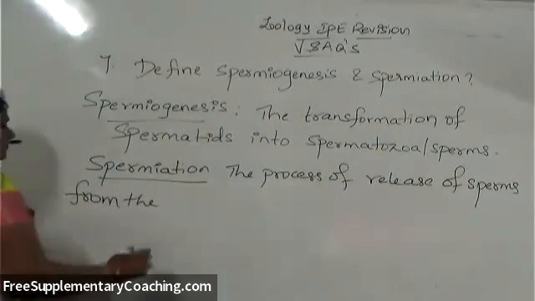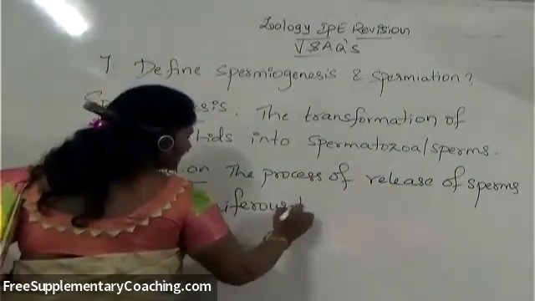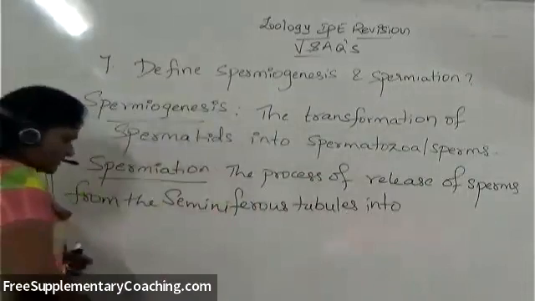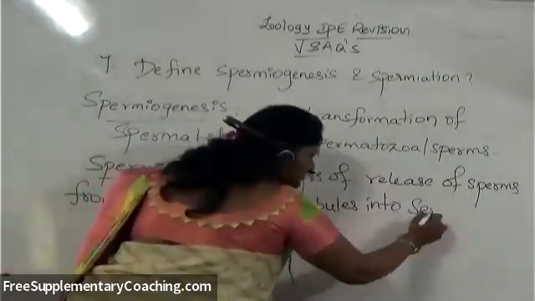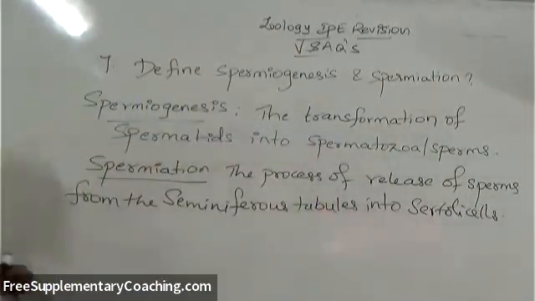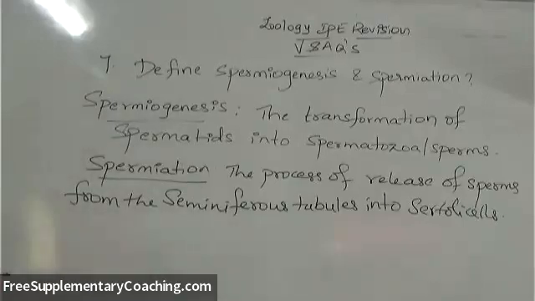You know that Sertoli cells are another type of cells present in the seminiferous tubules. So the process of release of sperms from the seminiferous tubules into Sertoli cells is called spermiation.